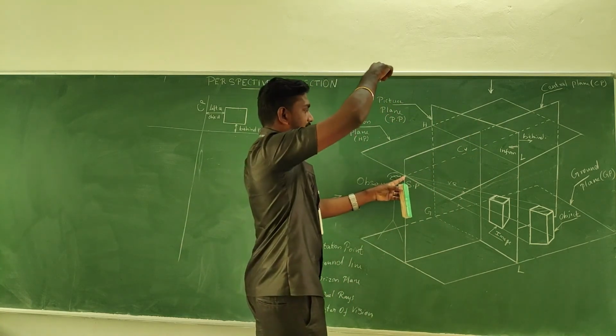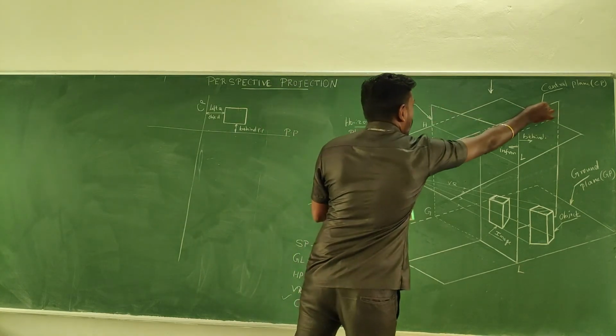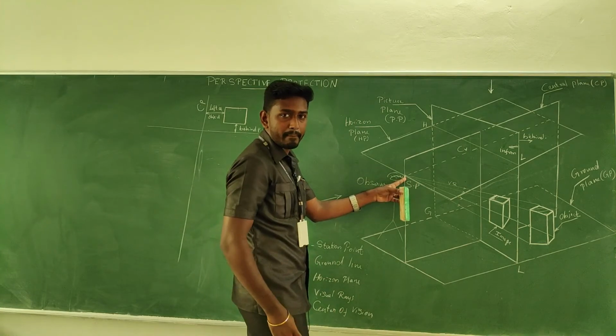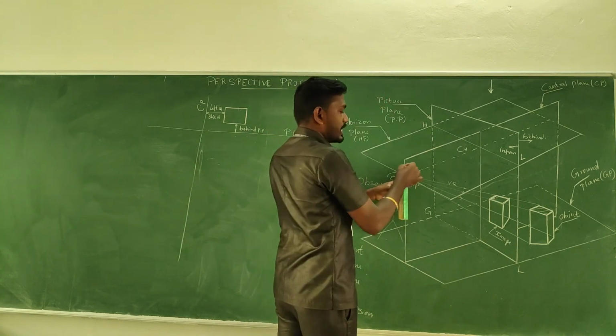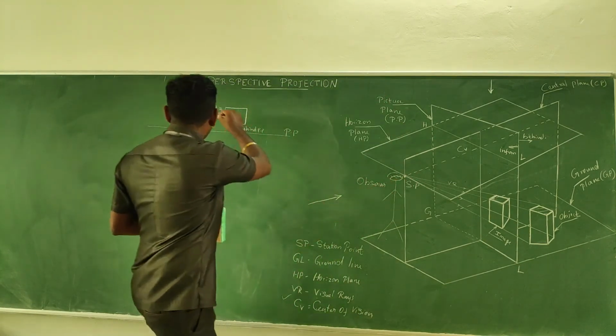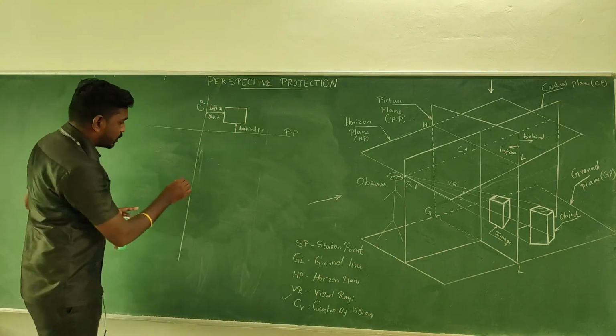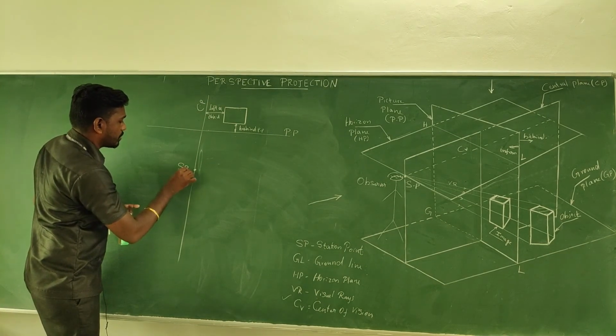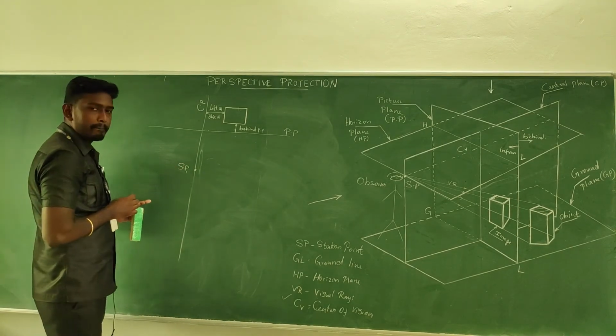And you can see it is lying on the center plane. You are looking from the top, this is the SP point. So on the CP, I am going to specify the station point SP, station point 1, the first station point, right?